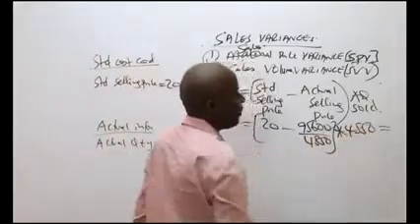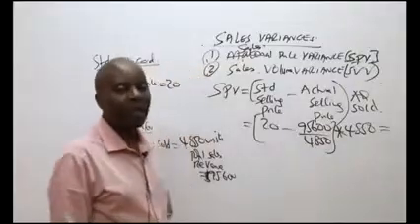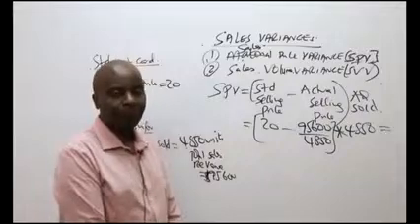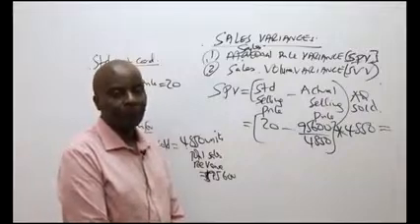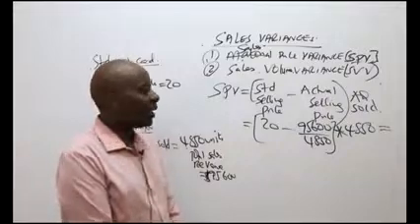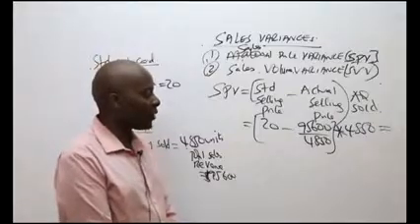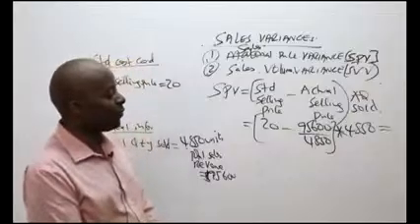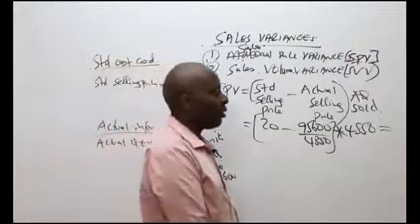So kindly give me an answer here: 20 minus 95,600 divided by 4850, times 4850. What figures do we have?